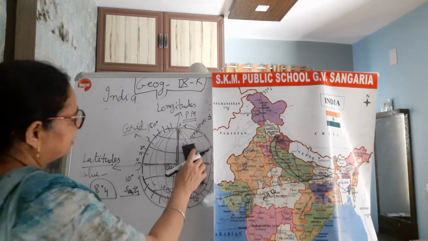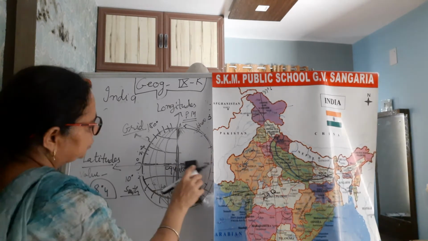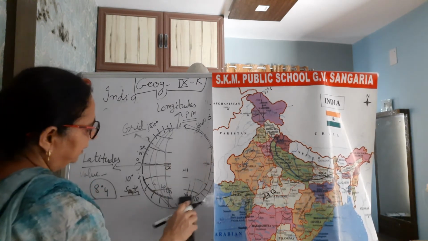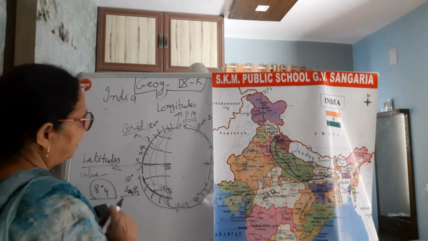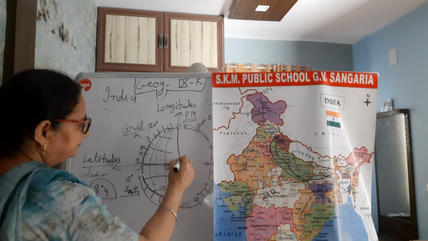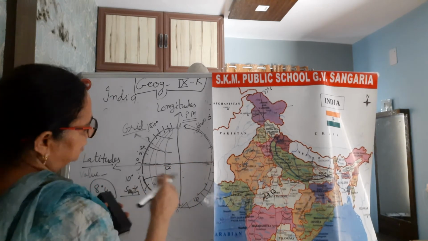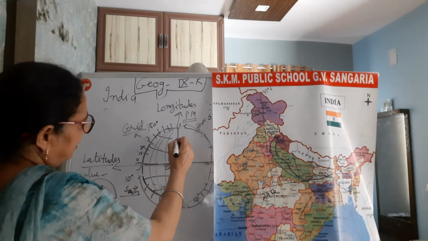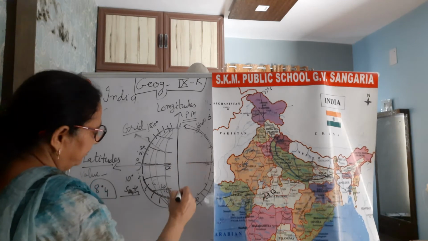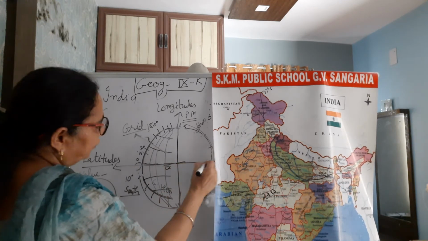I'll erase it once again so that you can locate India properly. Okay. This is the line, prime meridian, and this is the equator.